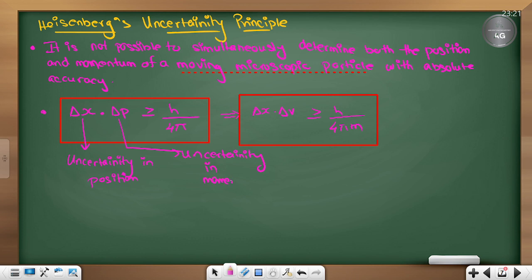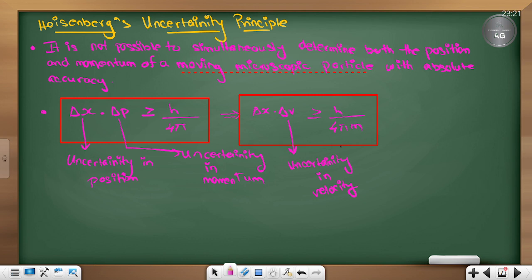Uncertainty in momentum. And what is this? This is uncertainty in velocity. In some question you might be asked to find the uncertainty in velocity. In that case we will use that, otherwise not. Clear?